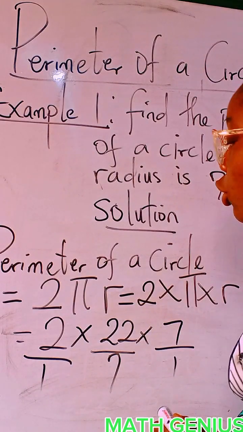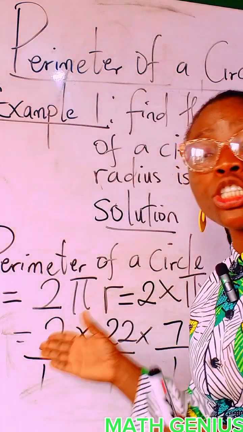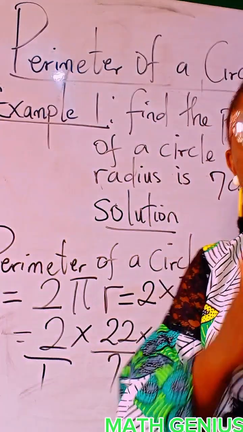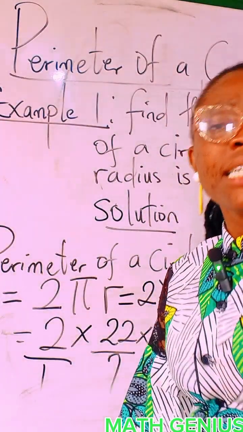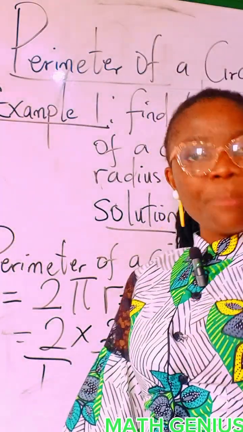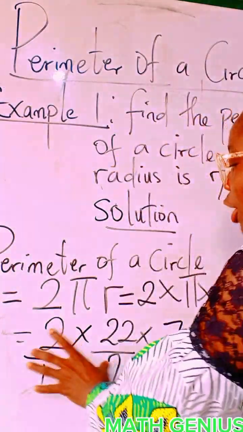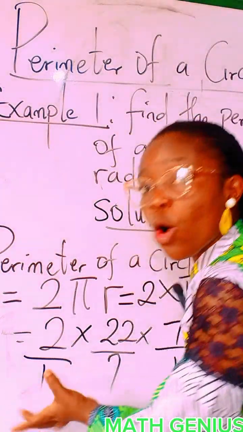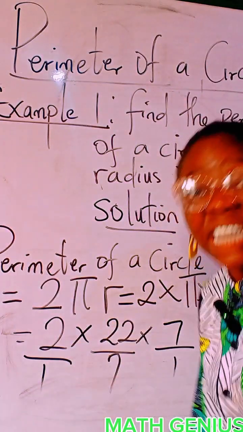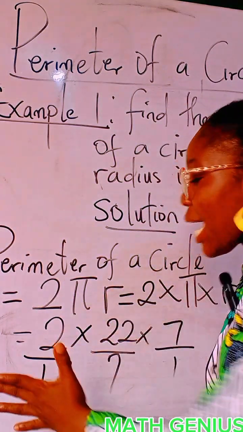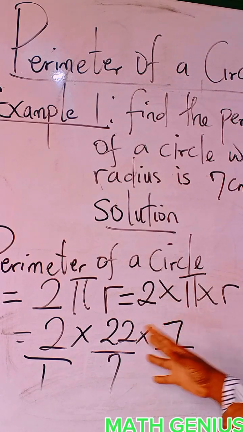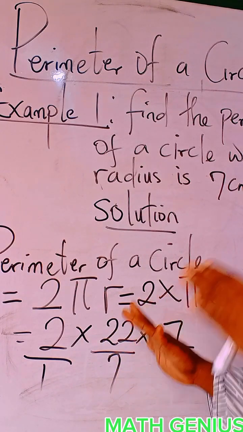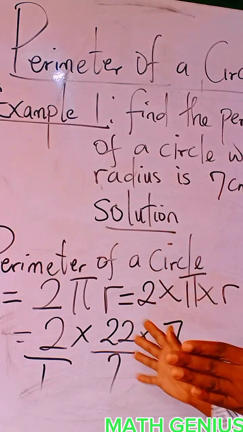When your number is a whole number and it has no denominator, obviously the denominator is 1. You may ask why. Any number divided by 1 is the same number. So for this place not to be empty, you can put 2 over 1, because 2 over 1 is the same thing as 2. This will aid you when doing your calculation, and will also help you not to leave any number aside.